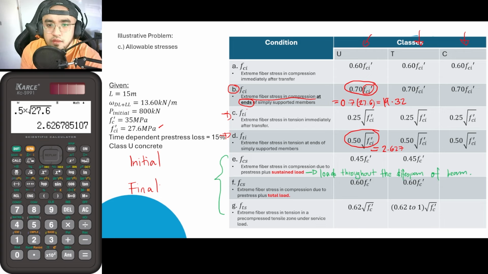So rather, these are permanent loads. Meaning if you're analyzing for dead loads only, you will make use of this value.